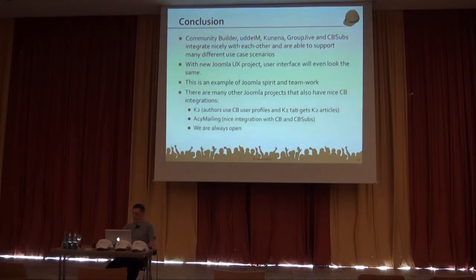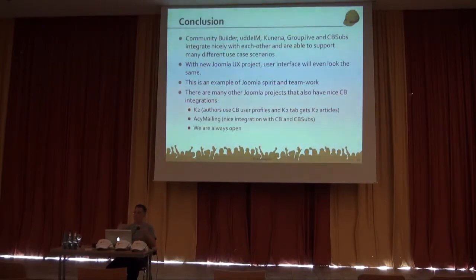Okay, getting to the conclusion now. These three teams and all these components, basically extensions, as you can see, integrate very nicely together. And together as a team of extensions, we can support very many use cases, as you can imagine by the simple examples I've given.